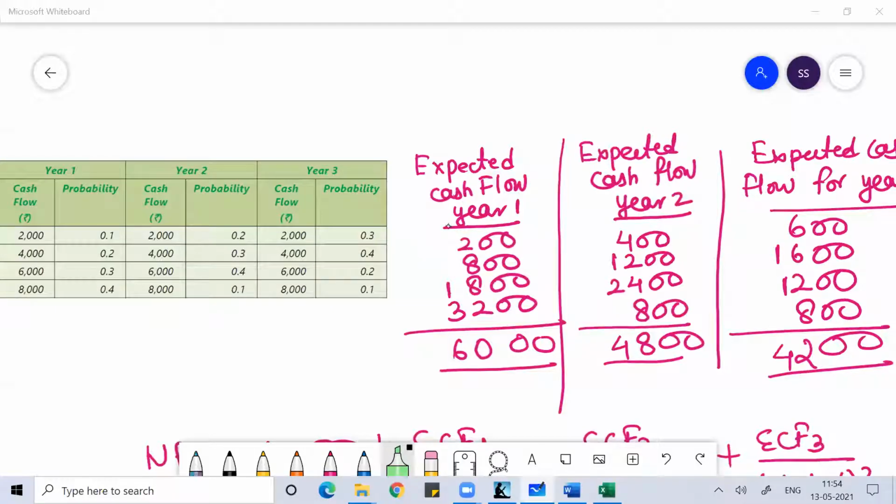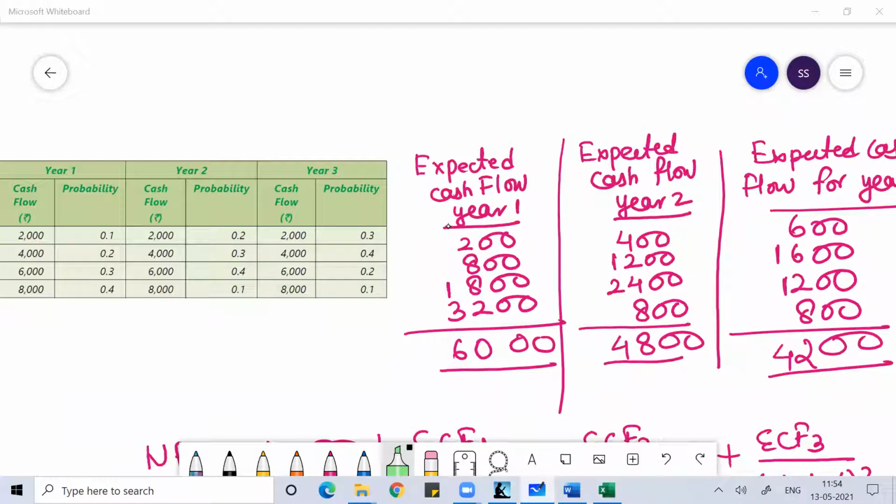So in this question, what we have done, for different years, probability was given with respect to each cash flow. So I determined the expected cash flow for the different years because I want to know the feasibility of this project, and the project will be feasible only when the NPV is positive.